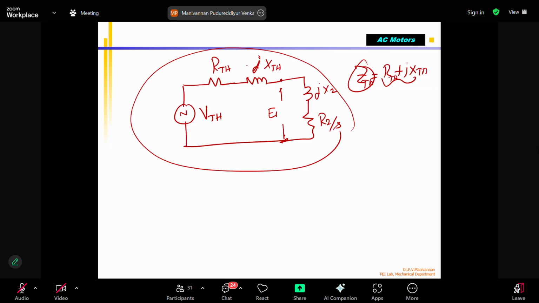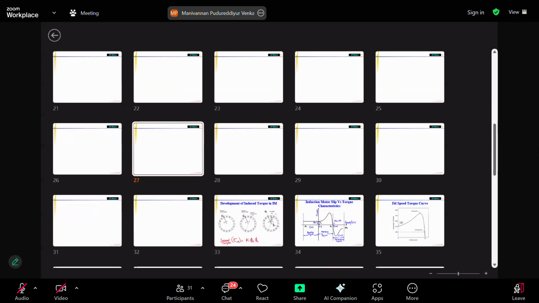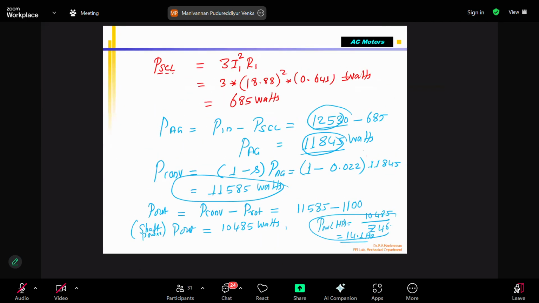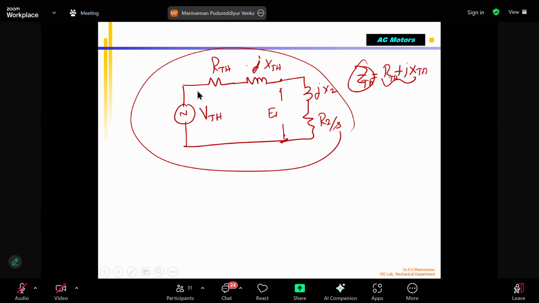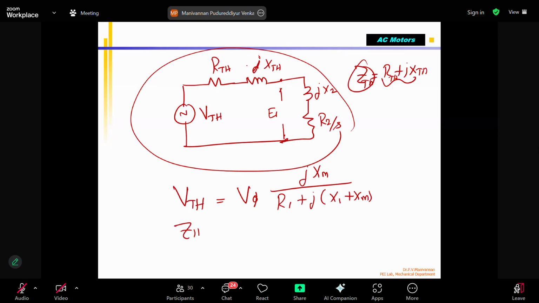Just two to three minutes and I will complete. So V Thevenin equals, note down this formula for the exam. You can get simple problems. These are very simple problems. V Thevenin equals V1 times jXm divided by R1 plus j into X1 plus Xm. Similarly, Z Thevenin we already wrote.